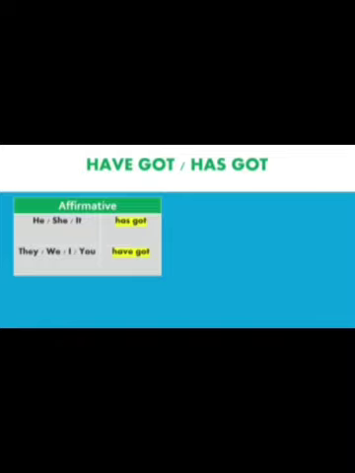This is a table for your reference when you are writing an affirmative sentence. Affirmative means yes, something that you say yes to. So why is there a has got and have got? It's because of the subject pronouns that we use. He, she, it, we use has got. They, we, I, you, we use have got.